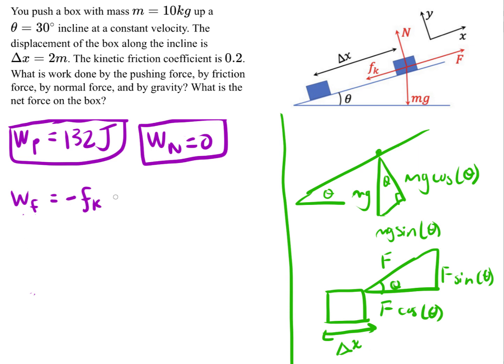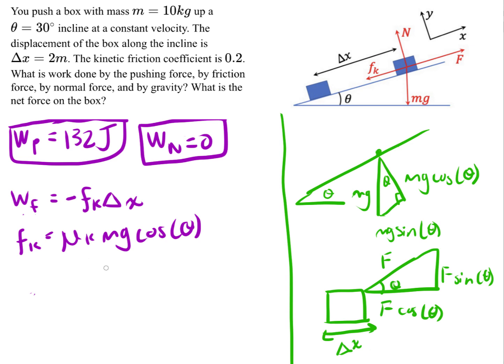And then we're going to multiply that with the displacement, since all work is a force times the displacement. And if you remember before, we solved that the force of friction is equal to the coefficient of kinetic friction times the mg cosine theta.